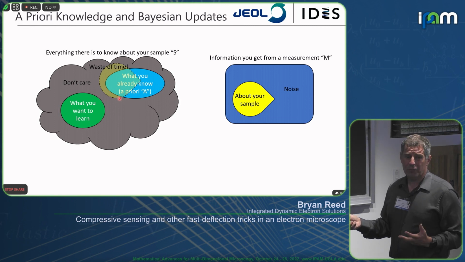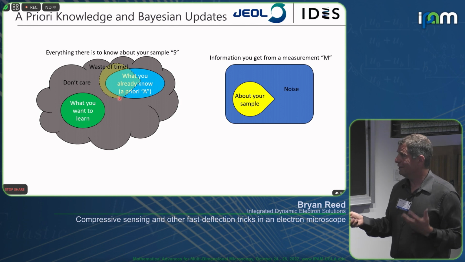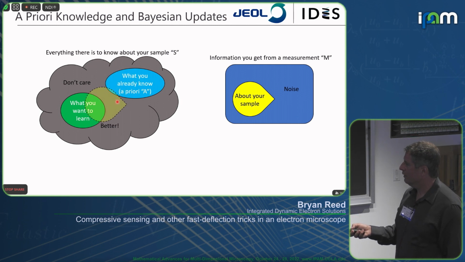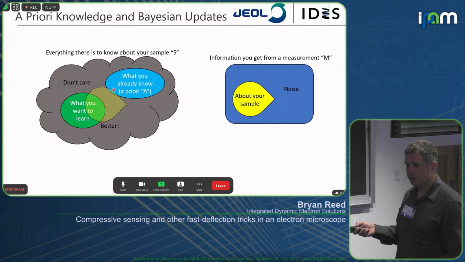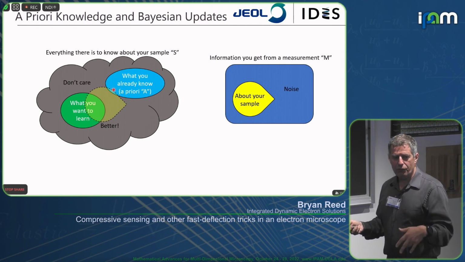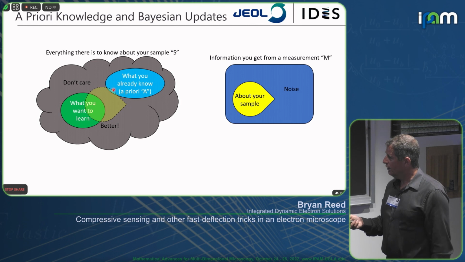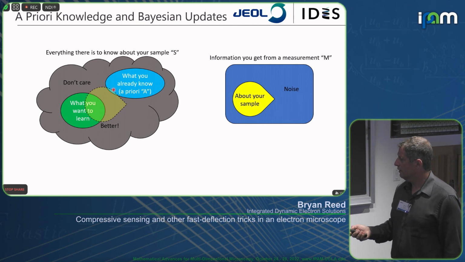Do that if you want to calibrate your detectors or whatever, but you're not getting anywhere. This is more like it, right? So yeah, you're learning some stuff you don't care about, inevitably, you always will, but you're learning a good chunk of what you want to know, and there's a bit of overlap with the a priori stuff, so you can actually verify at least a bit that your a priori assumptions are reasonable, right? So kind of in between is where you want to be optimally.